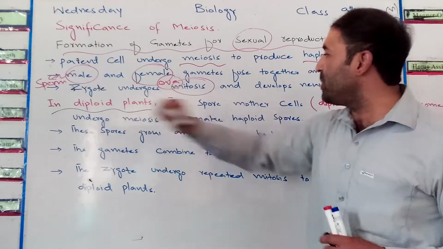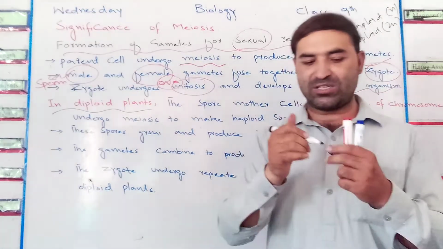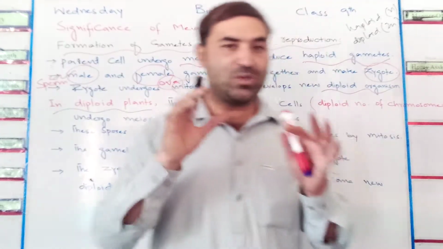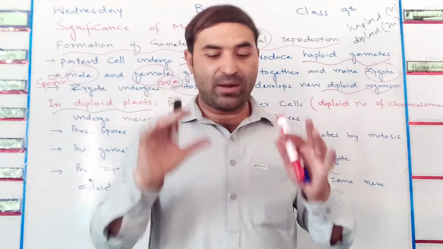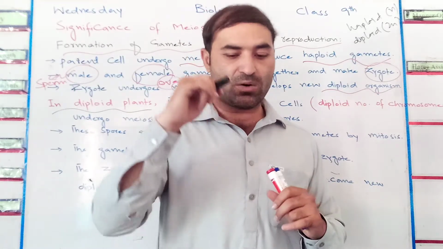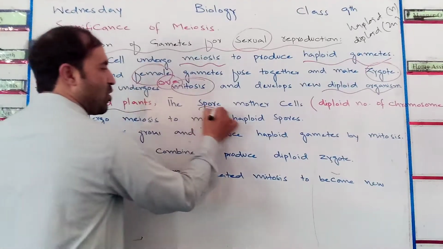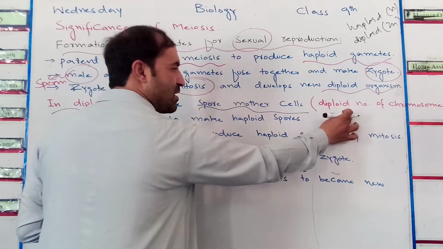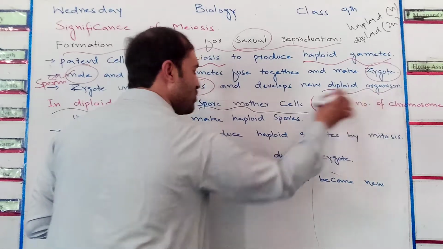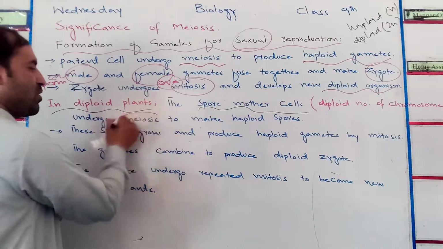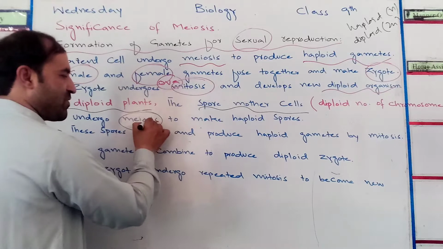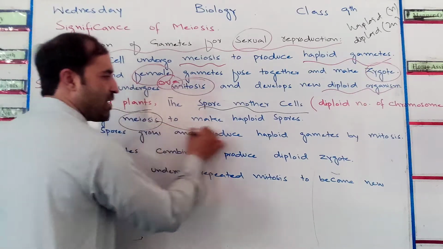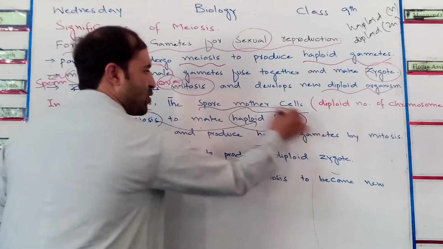So in diploid plants, the spore mother cell, which has diploid number of chromosomes, will undergo meiosis to make haploid spores.